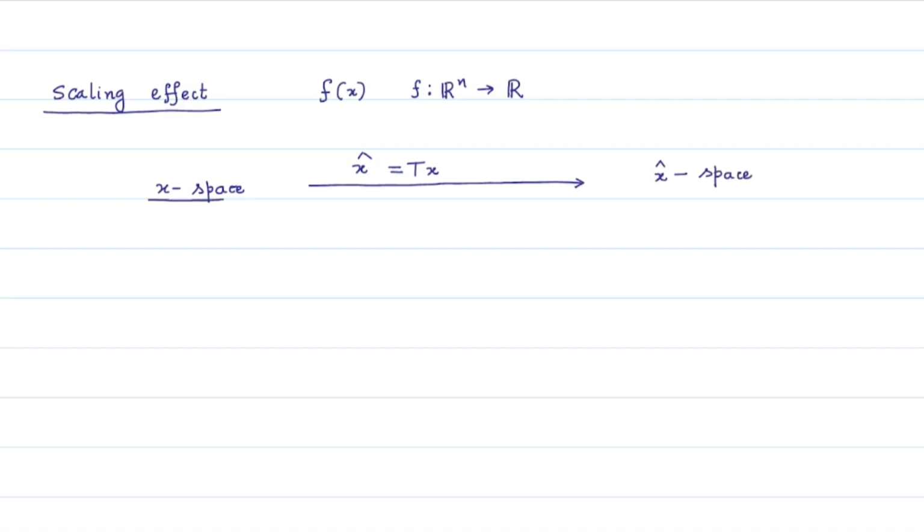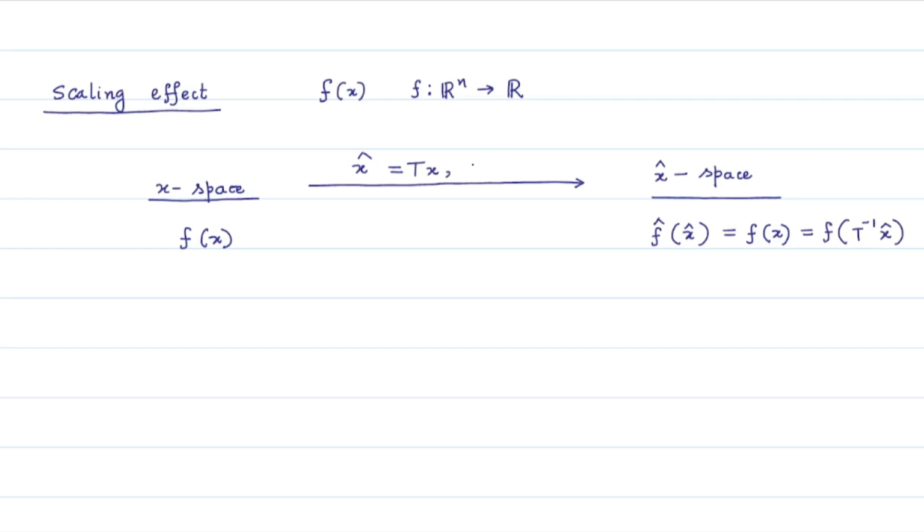In the x space, the function is given by f(x), and in the x hat space, the function has been changed to f hat of x hat, which is given by the function value at x, or in terms of x hat, f of T inverse x hat.